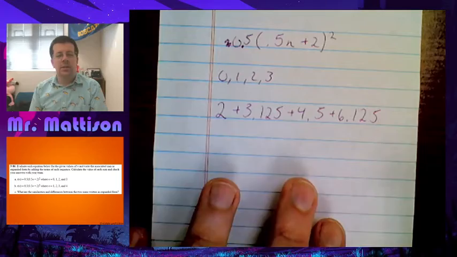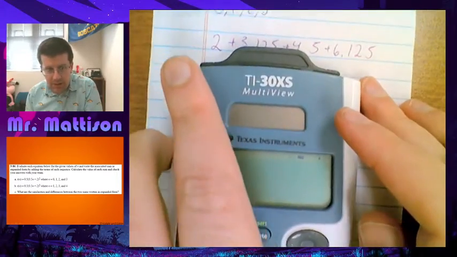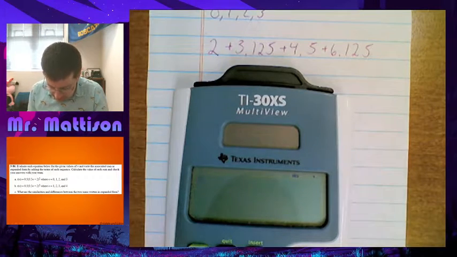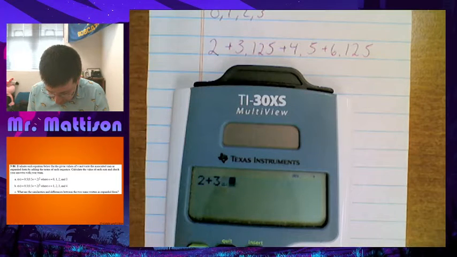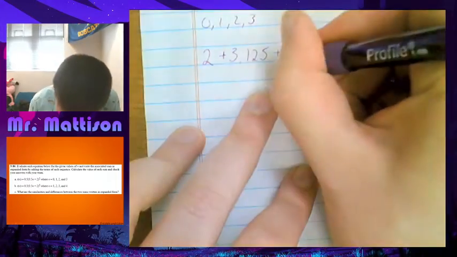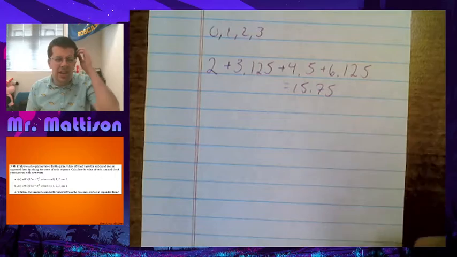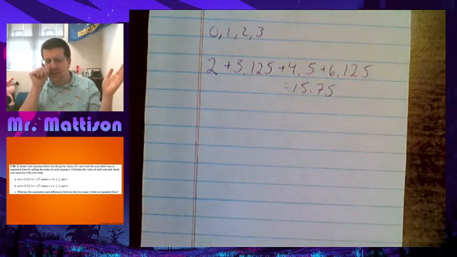So then if I add all of those up, 2 plus 3.125 plus 4.5 plus 6.125, I get a total of 15.75. Not too bad, right? It's not hard, but it is a bit tedious.